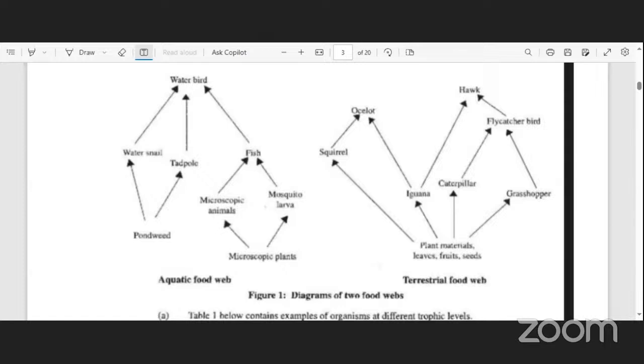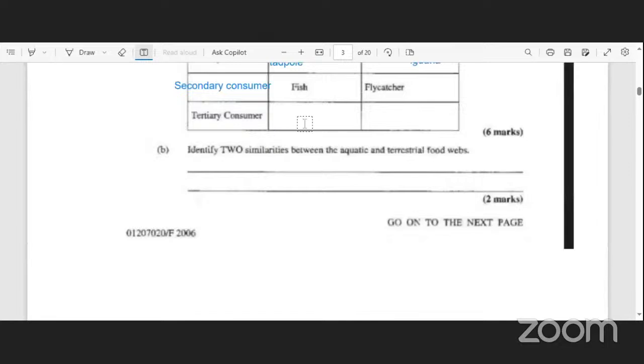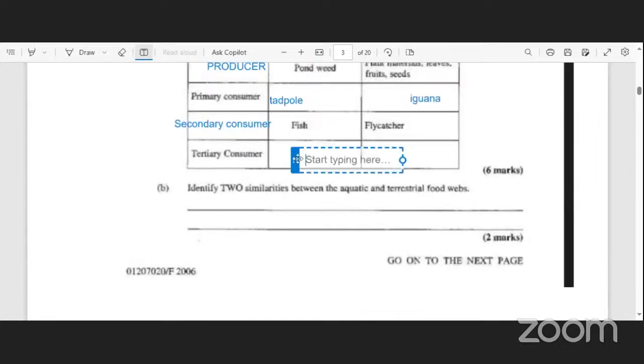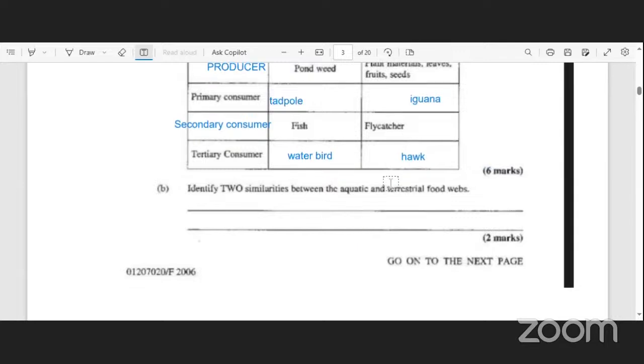So water bird for the aquatic and auk for the terrestrial. All right, nice. Water bird for aquatic and auk for terrestrial. Okay, and just like that, you have earned 6 marks from this question. Easy cheesy question to get 6 marks from.